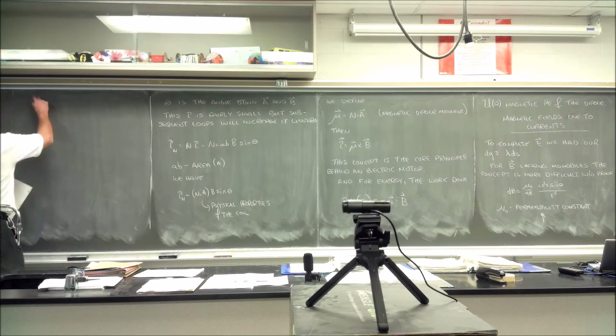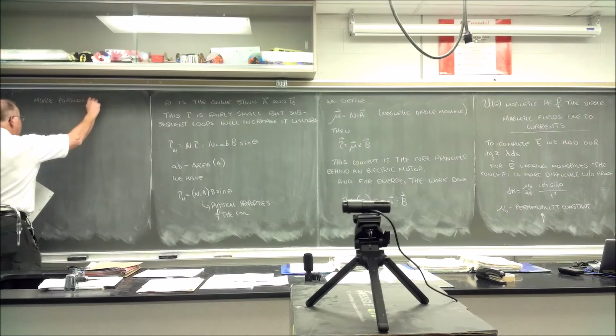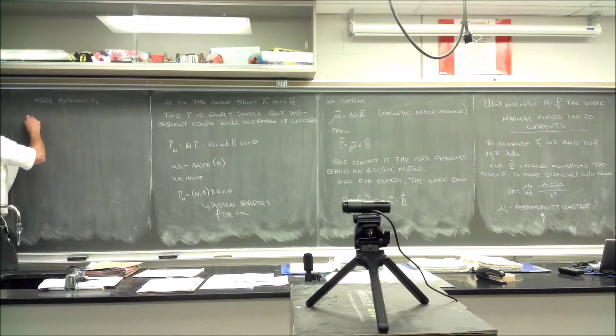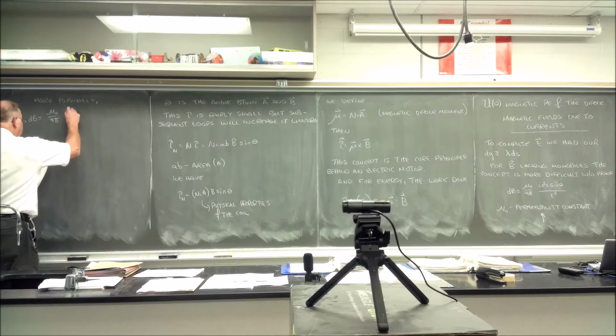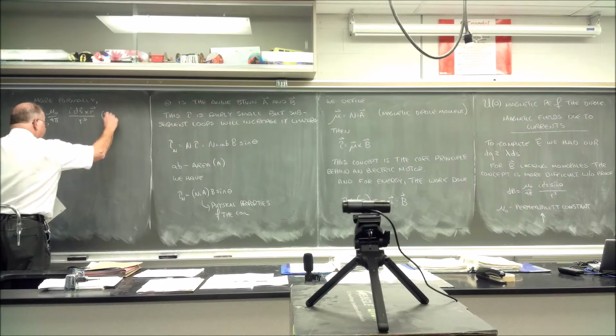More formally, dB will be mu naught over 4 pi IDS cross r over r cubed. And this is known as the Biot-Savart law.